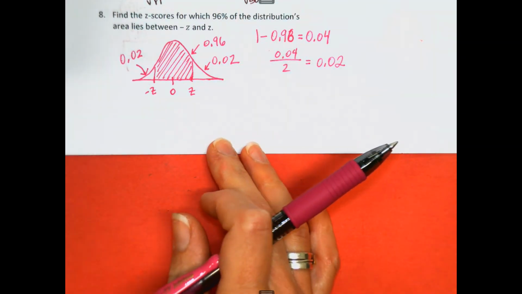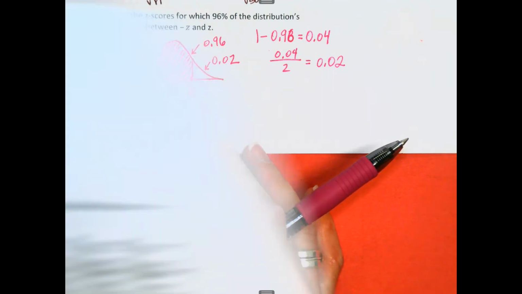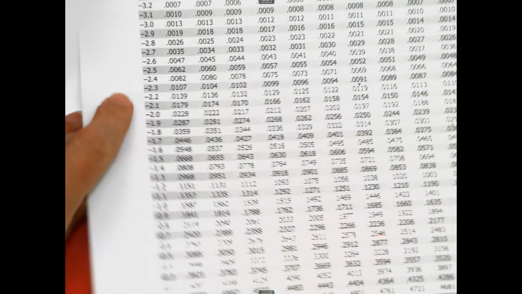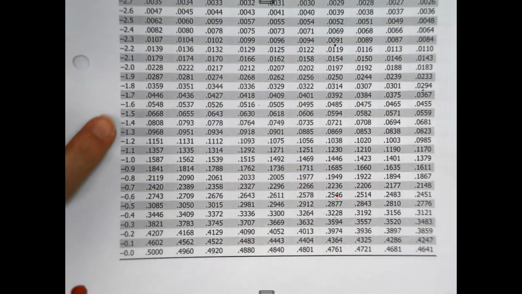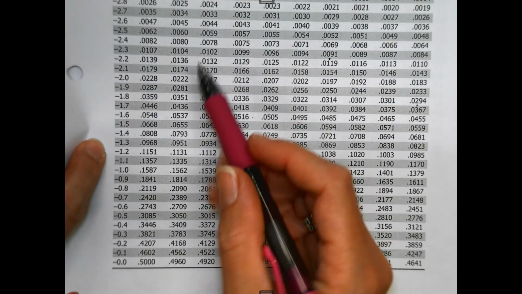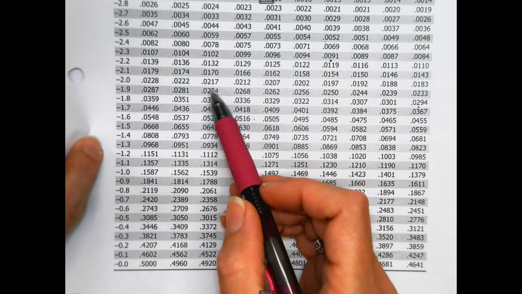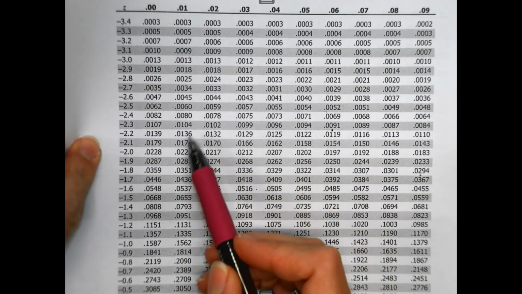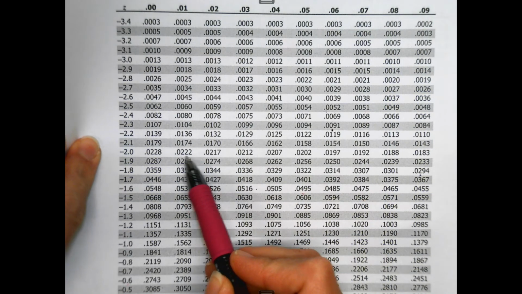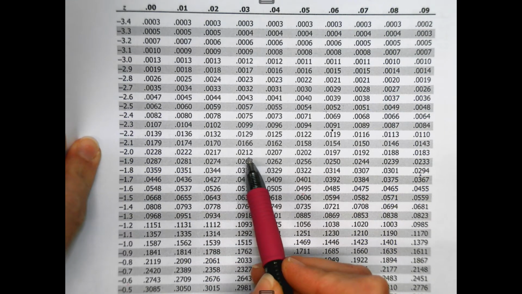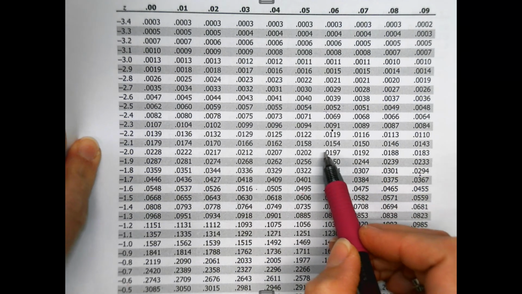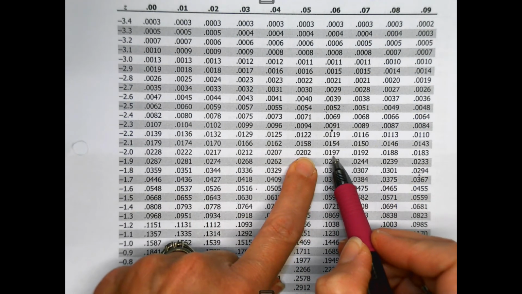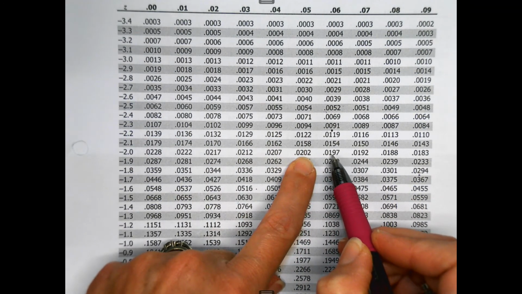Now we need to go to our standard normal probability table and look for 0.02, or the closest value to 0.02. 0.02 is going to be between 0.0202 and 0.0197.